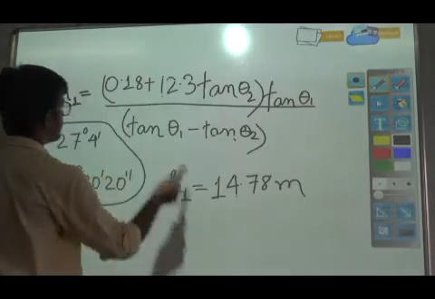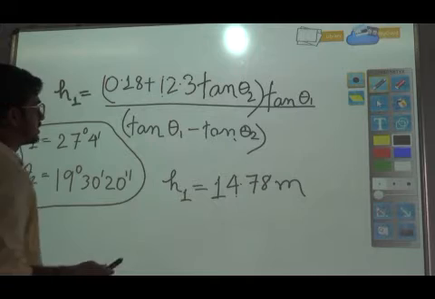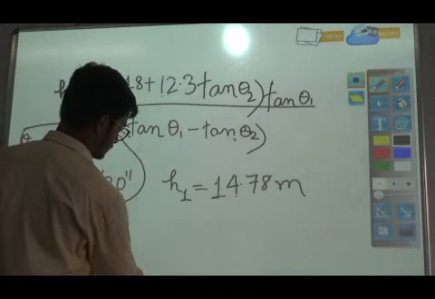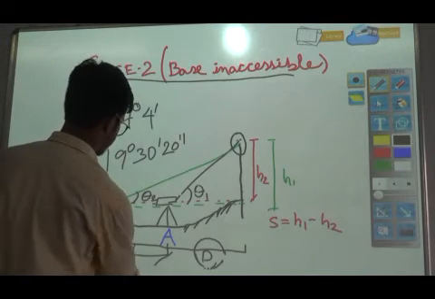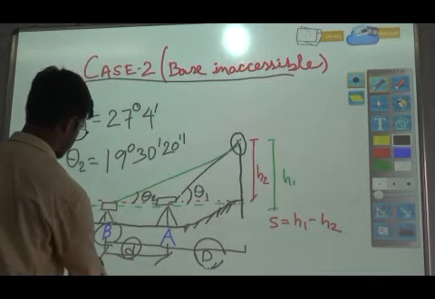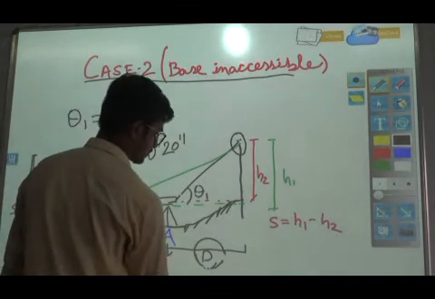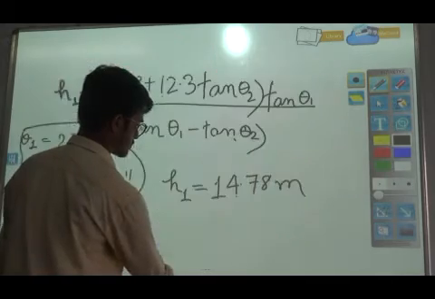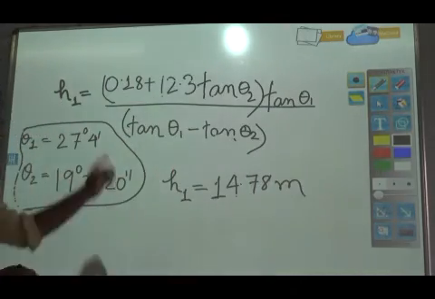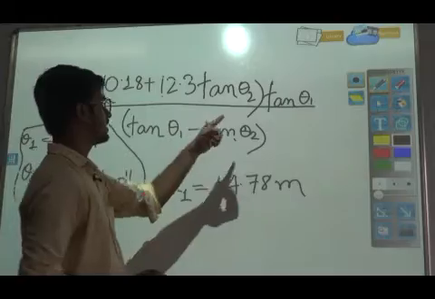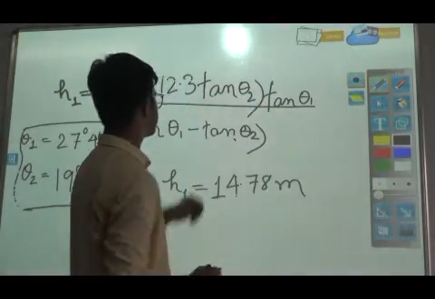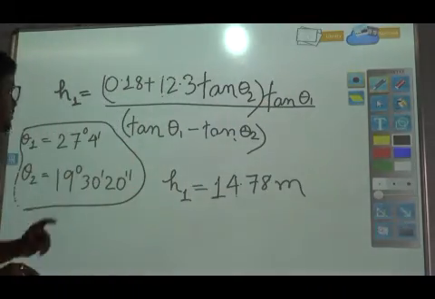And next, 12.3, the distance we have measured, this d is equal to 12.3 meter, and tan theta 2 into tan theta 1 divided by tan theta 1 minus tan theta 2.